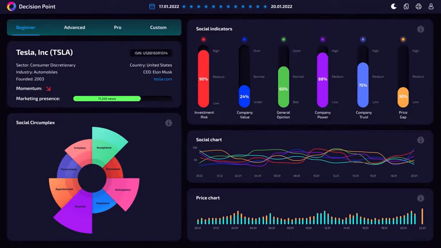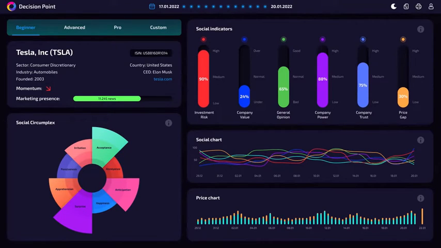Everything that we do in Decision Point, and in any other application based on the C++ technology, has to be between some timestamps. In this case, I've used the filter between the 17th of January and the 20th. So it also includes data from today.